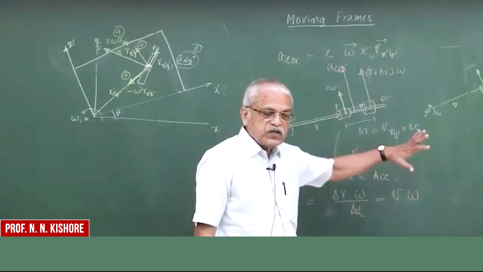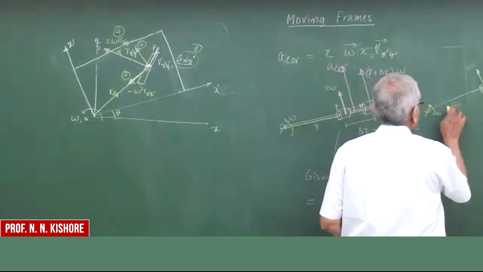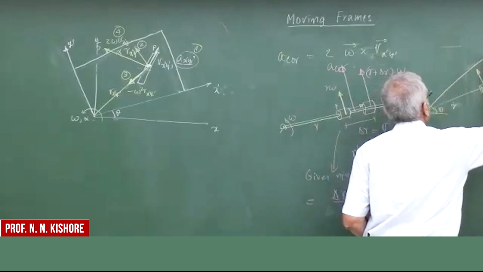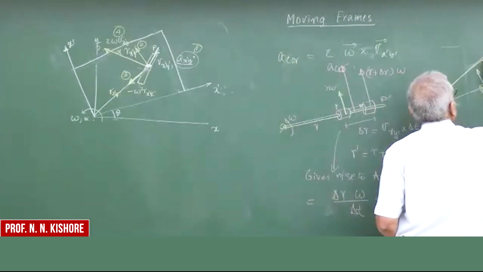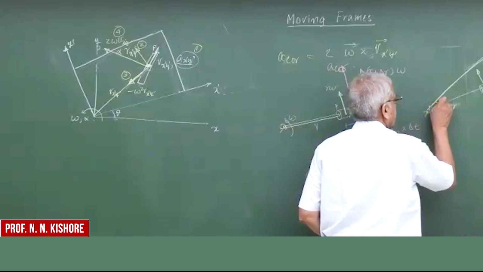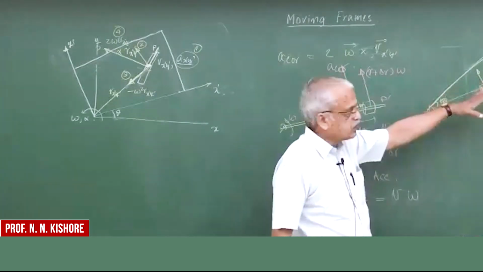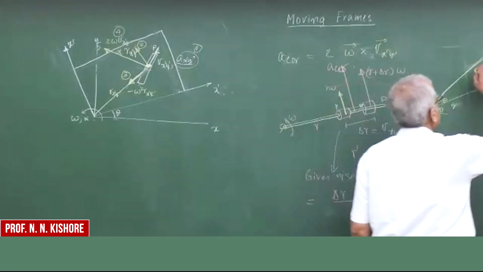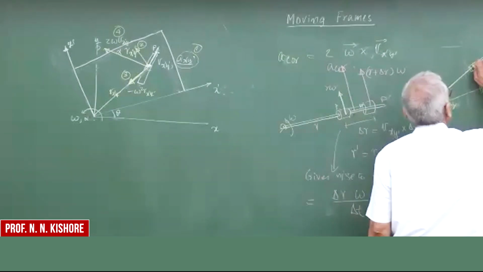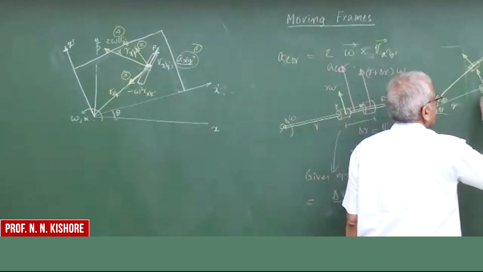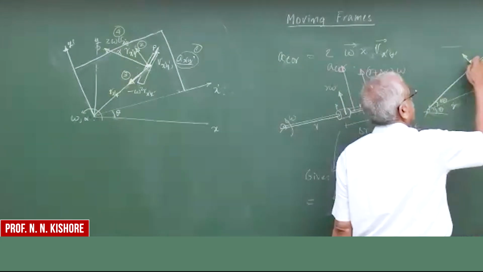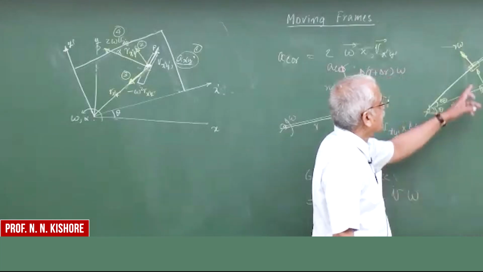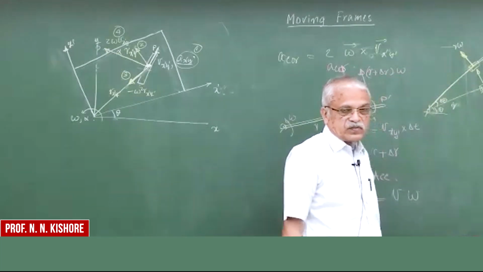Now we assume that the rod has changed its orientation by an angle of delta theta. Because of this, the r omega, which was perpendicular to the rod, has changed to r omega at an angle like this.